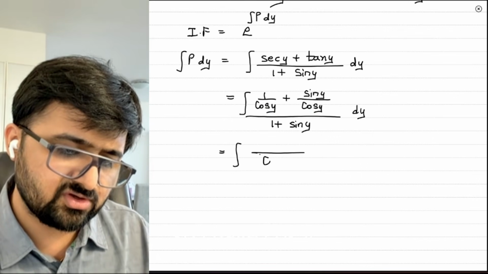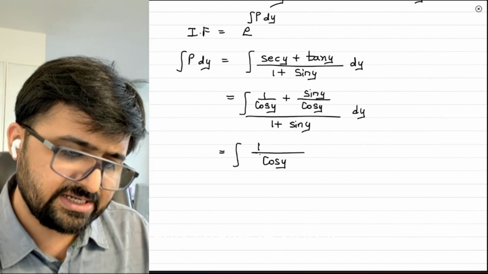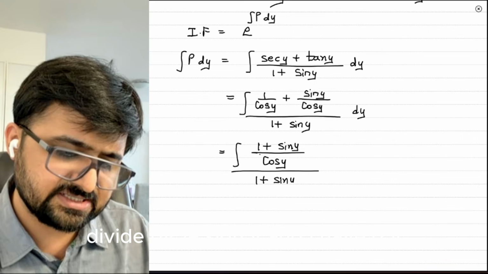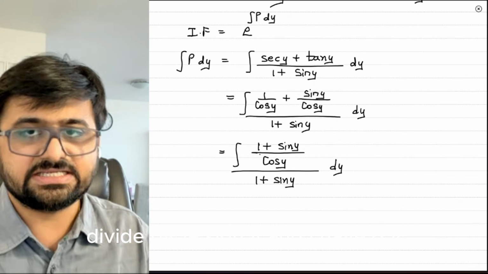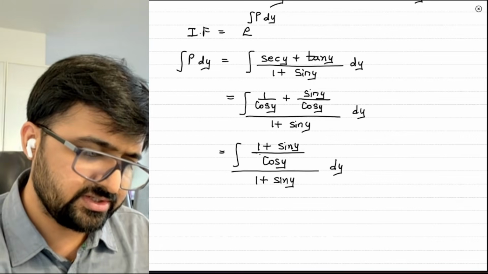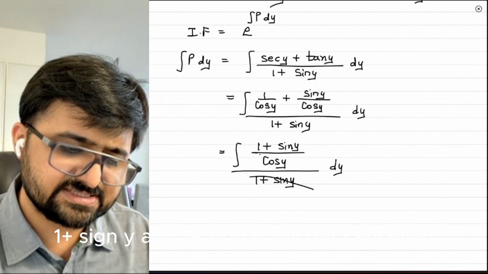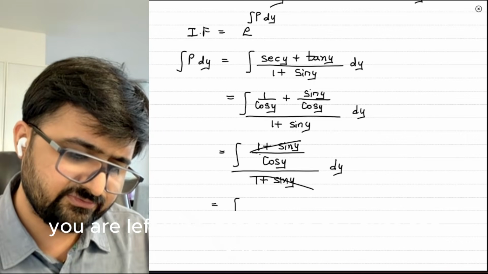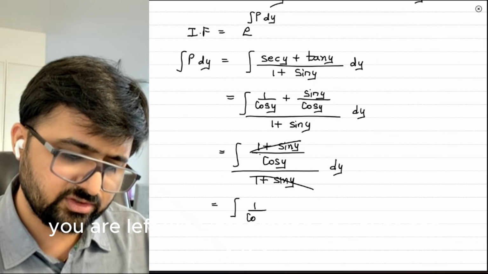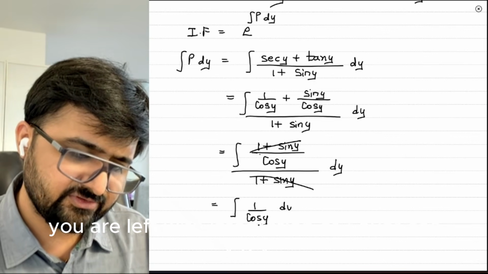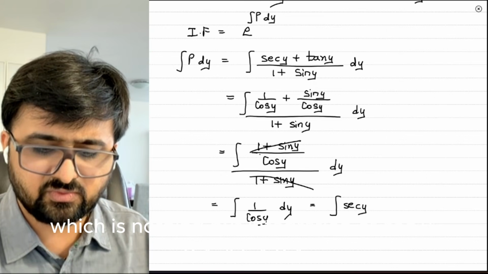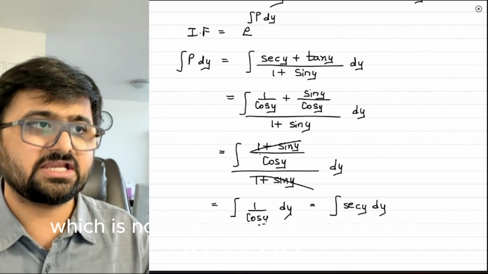So I have (1 plus sin y) over cos y, divided by 1 plus sin y, dy. Very easy so far. Now this 1 plus sin y and 1 plus sin y will get cancelled, so you are left with the integration of 1 over cos y dy, which is nothing but the integration of sec y dy.